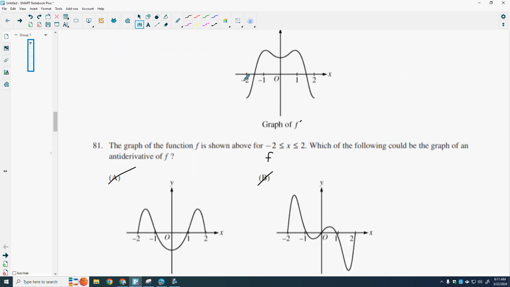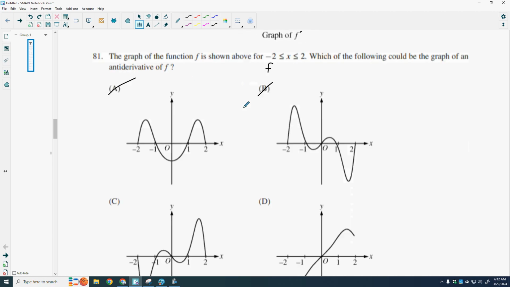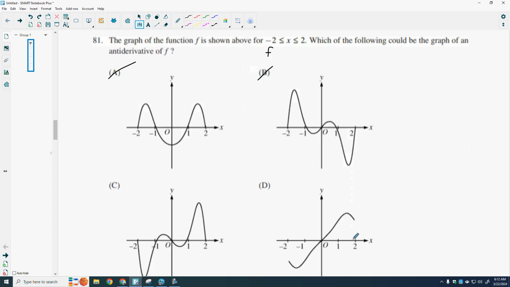My graph is increasing at a slower rate, increasing at a faster rate, and now it's decreasing. So decreasing from here to here, from 1.5 to something, decreasing. Well, that didn't help. They're both decreasing.